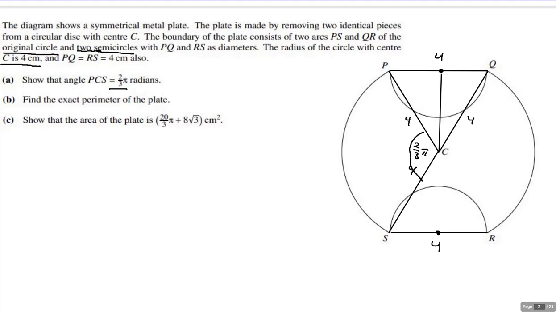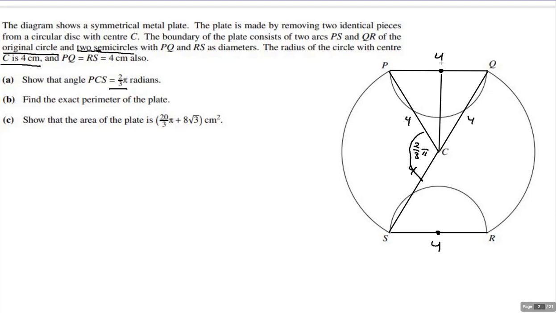Mitchell, what do you think? We're trying to show that's 2/3 pi. Right. So, when you have the line, is that equal to 1 pi? Is that right? Because it's 180 degrees.